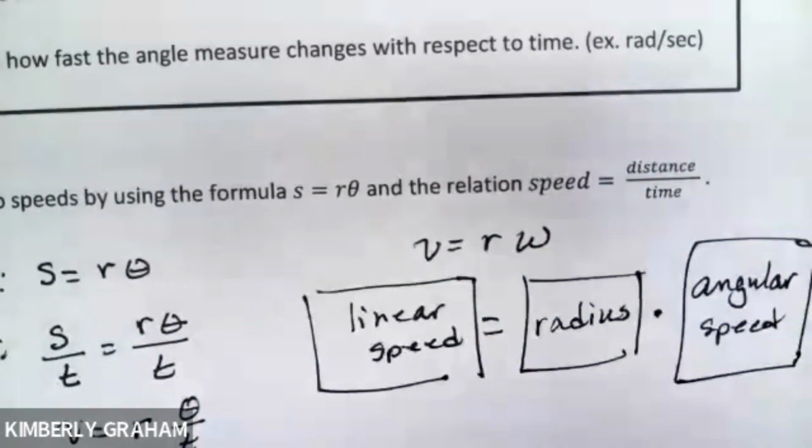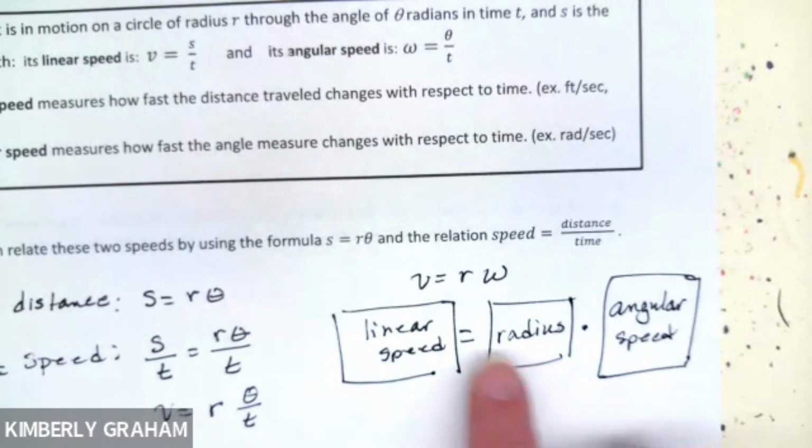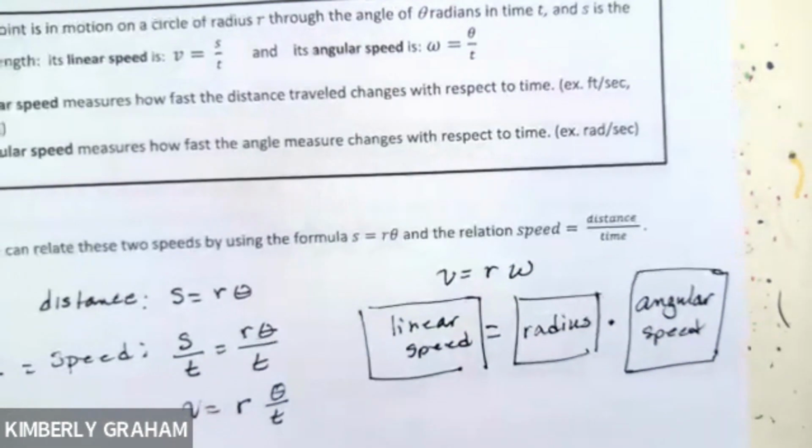Okay. Linear speed is the radius times the angular speed. And we're going to be using this formula to do a few word problems.